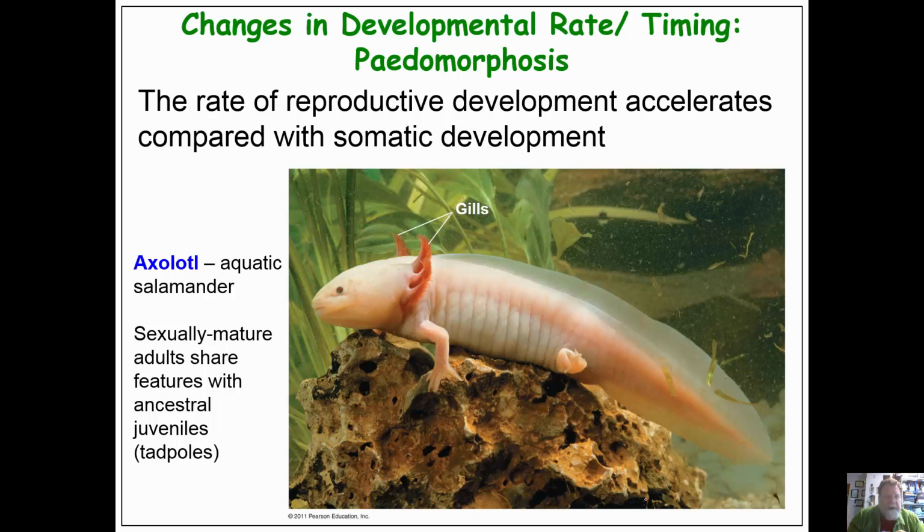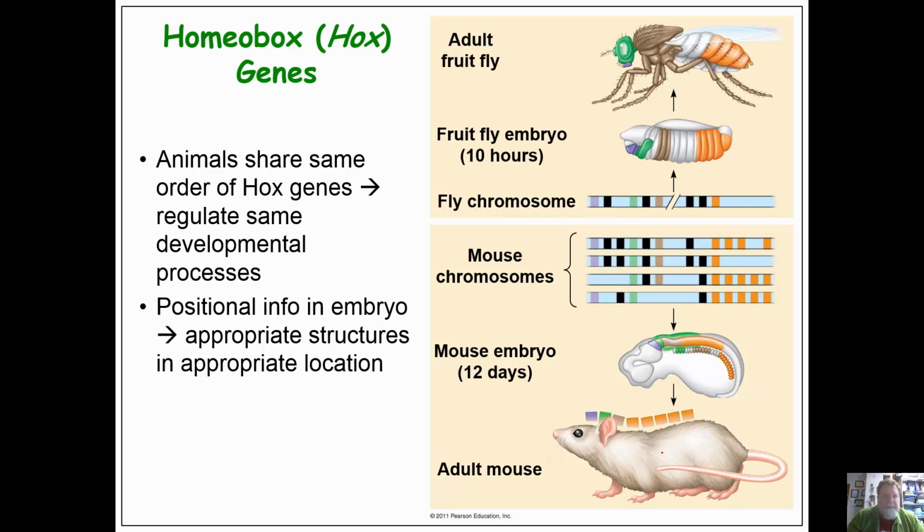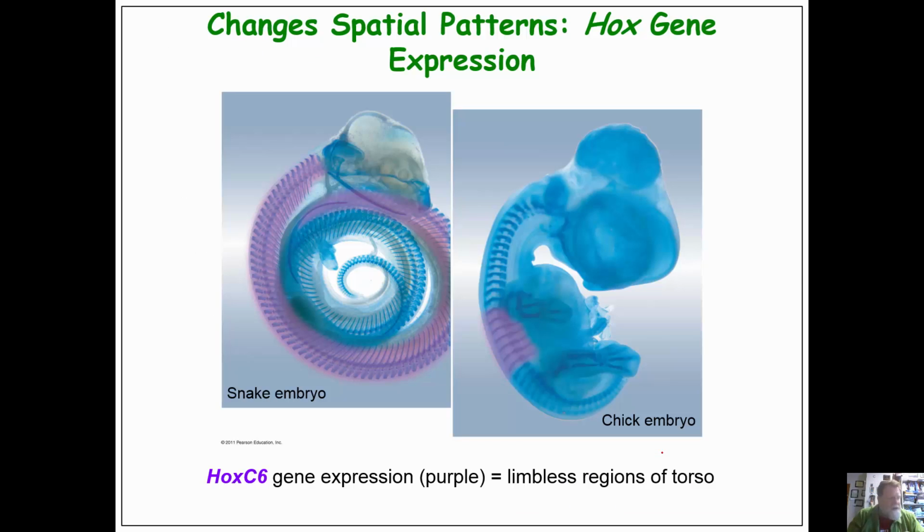Here, the axolotl is an aquatic salamander that maintains some developmental features. We'll talk about it a little bit later, but we have these things called homeobox or Hox genes, which give us different structures that we can look at. And that's it.